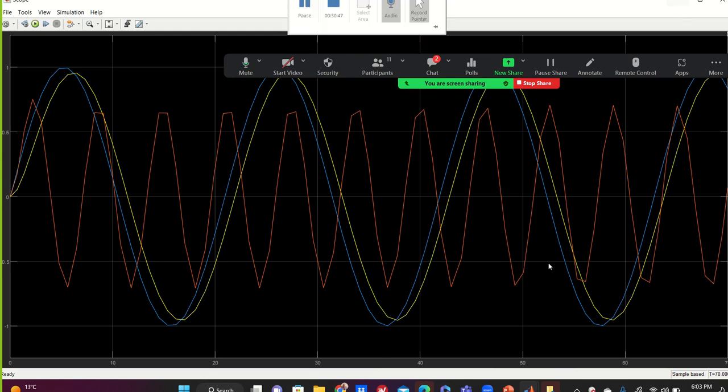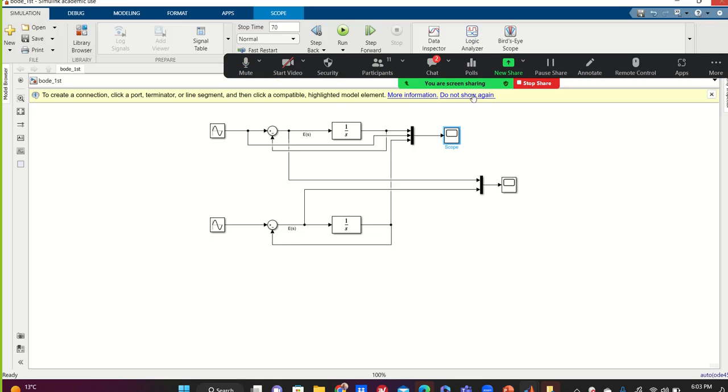Now, if I even increase it, I want to compare more. If I copy, move it here.